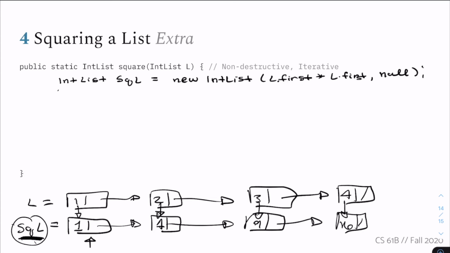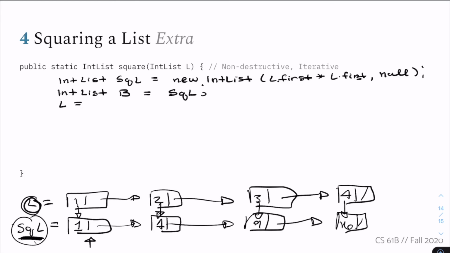So we can use the same notation we used last time, and do IntList b equals square list. What we're also going to want to do before we get into the while loop is just iterate L once, because we don't actually have to keep this.